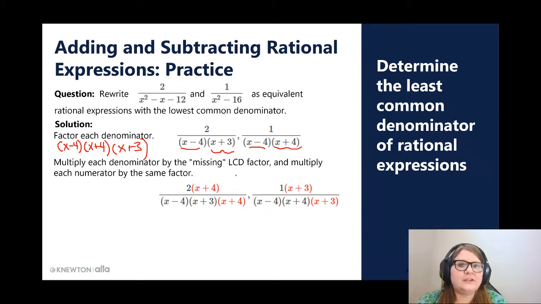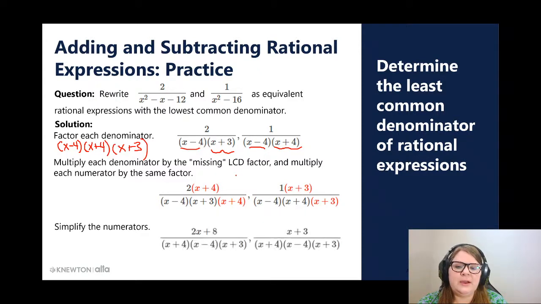Now, when we look at our first fraction, we can see that x plus 4 was missing, so that's what we'll multiply on top and bottom. In the second fraction, we are missing the x plus 3, so we'll multiply that on top and bottom. Then we distribute anything in the numerator, and that will make the numerators 2x plus 8 and x plus 3, respectively. Notice that I leave the denominators in factored form.